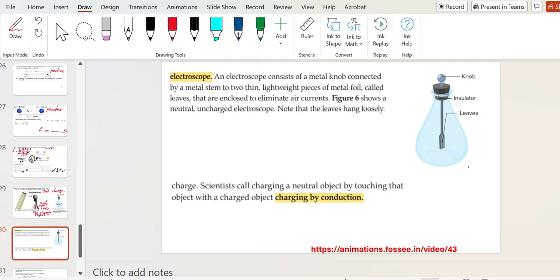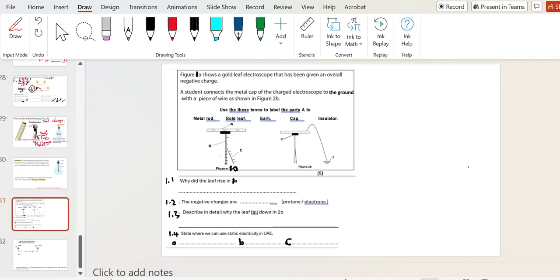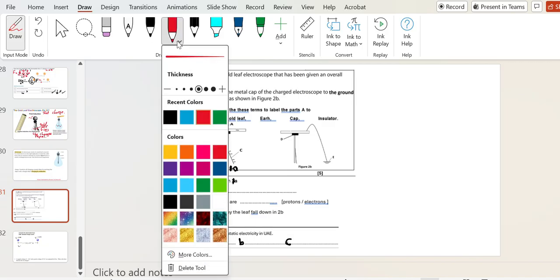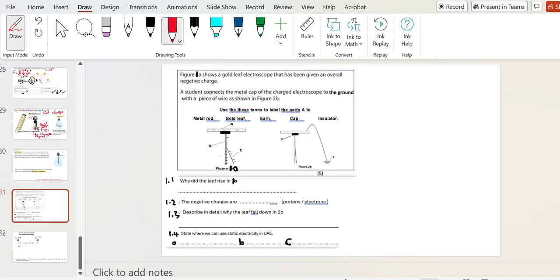We will answer some questions. You can read this about the gold leaf electroscope. We use it to test the charge. Let's come to this one. We did this in class again. The figure shows a gold leaf electroscope that has been given overall negative charge.